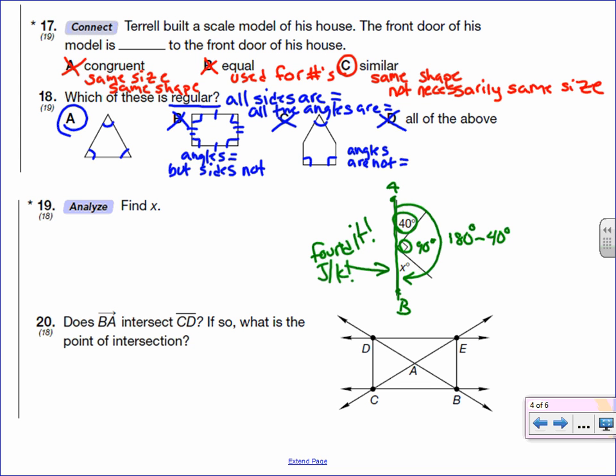So whatever is left after you take off 40 and 90 from 180 must be what angle x is. So 180 minus 40 is 140, minus 90 is, 140 minus 90 would be 50. So that's what x must equal.